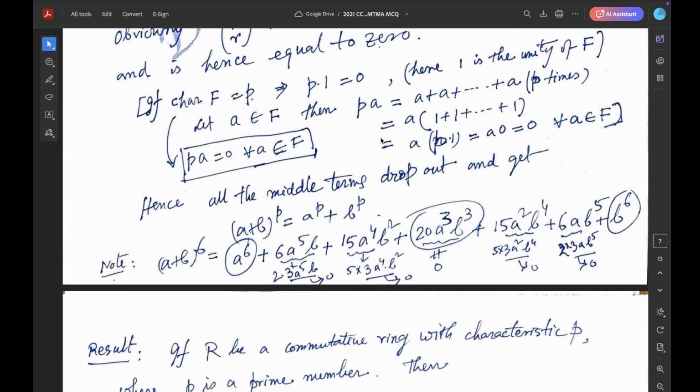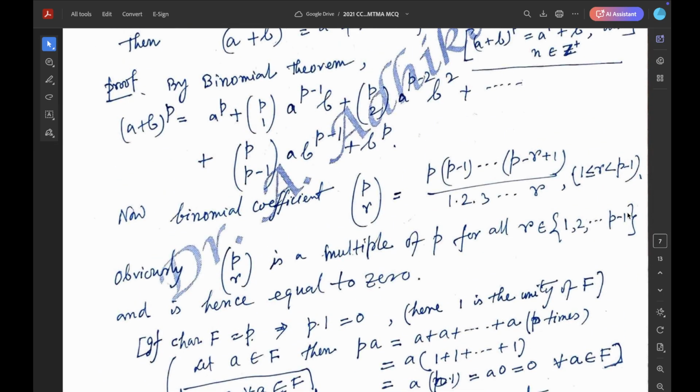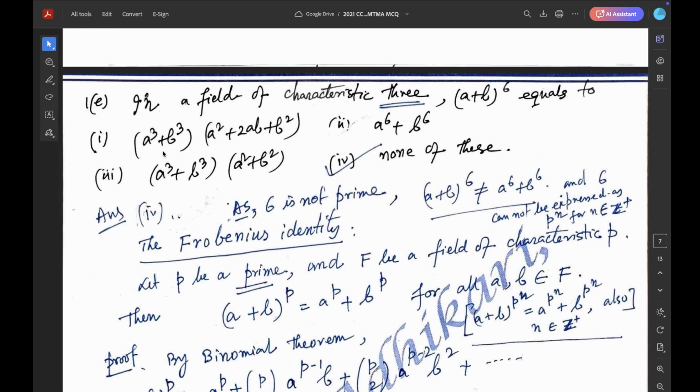So 3 into this term is 0, and 15 is 5 into 3, so obviously this is also 0. But 20 is not divisible by 3, so this term is not equal to 0, and the 6ab^5 term is also 0, because 2 into 3 into something is 0. So (a + b)^6 equals a^6 + 20a^3 b^3 + b^6. We get this. So the correct option is none of these.